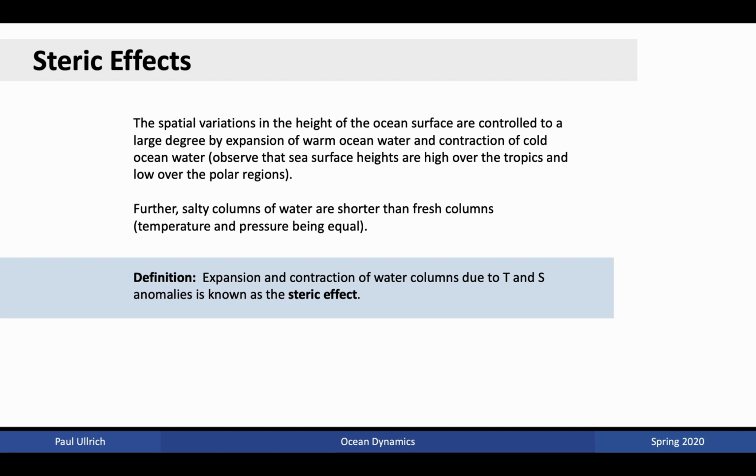Namely, we know that warmer ocean waters are responsible for less dense fluid. This then pushes up the free surface height. However, salinity is responsible for shorter fluid columns because it drives up the density of the ocean water. The expansion and contraction of these water columns, due to both temperature and salinity anomalies, is known as the steric effect within the ocean.